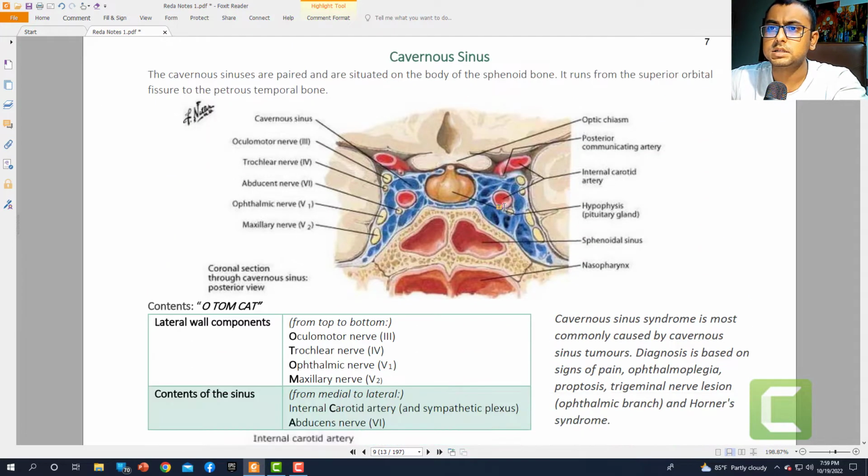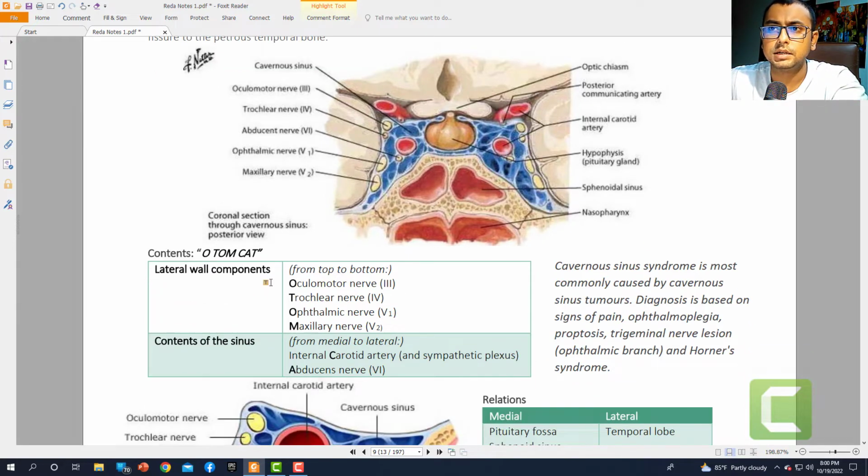The cavernous sinus is very important because great vessels and nerves pass through it, and it is an important route for entry of sepsis from extracranial to intracranial. The lateral wall is composed of the oculomotor nerve, trochlear nerve, ophthalmic nerve, and maxillary nerve.